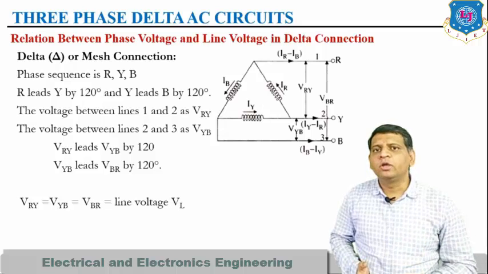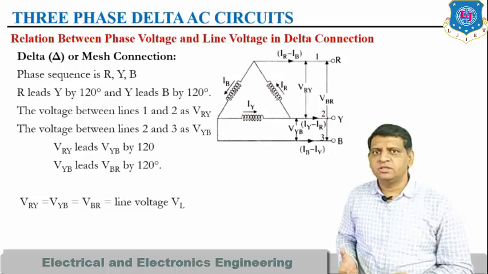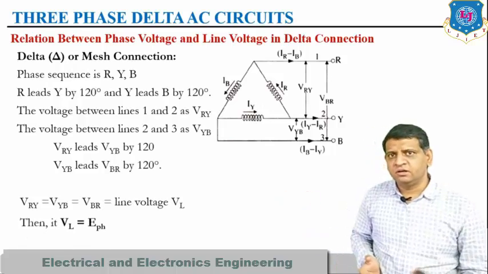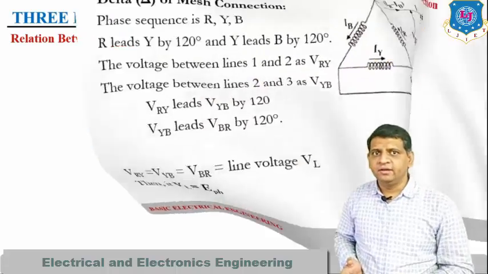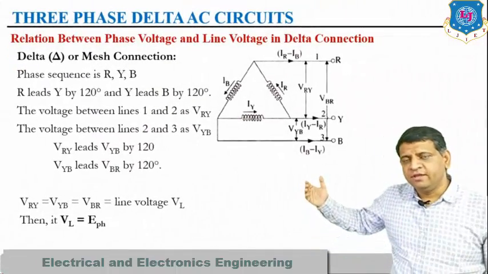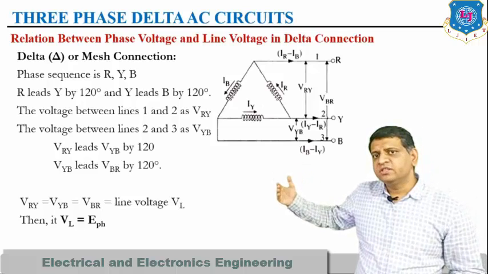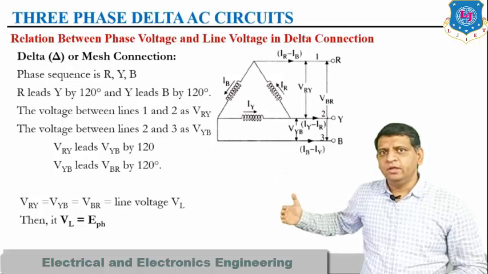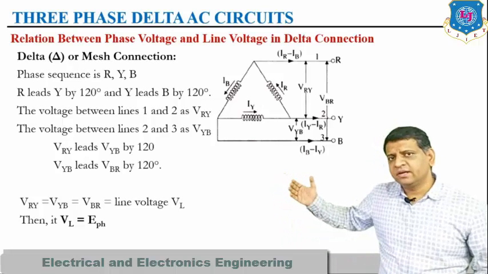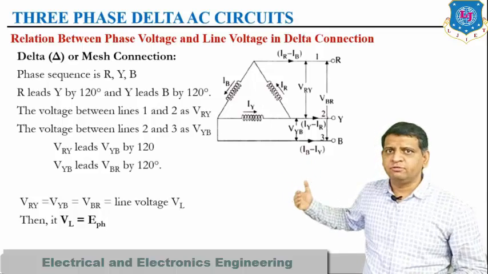Now, looking for the relation of line voltage versus phase voltage, you can easily find here that VRY is equal to ER, VYB is equal to EY and VBR is equal to EB. So from this circuit diagram you can straight away say that the line voltage is the same as the phase voltage, right.